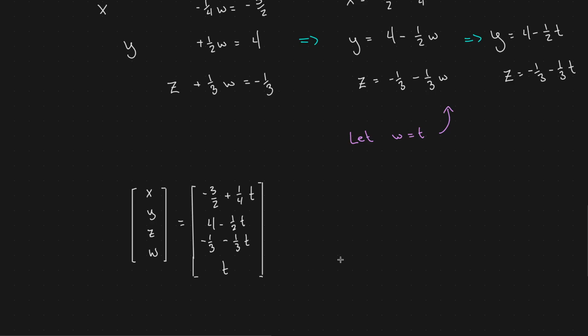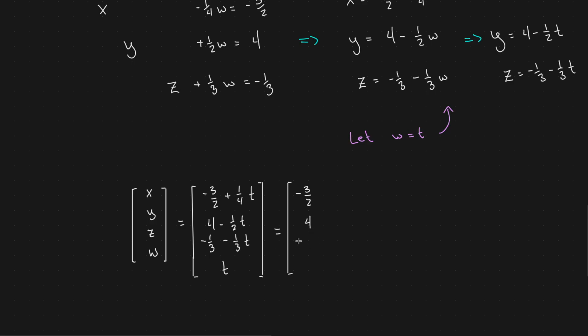And I'm going to split that into 2 vectors. So the first vector is going to be all these components without a T. The term without a T in the X component is -3/2. The term without a T in the Y component is 4.